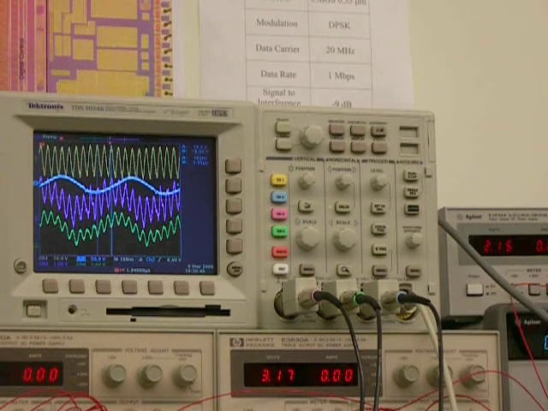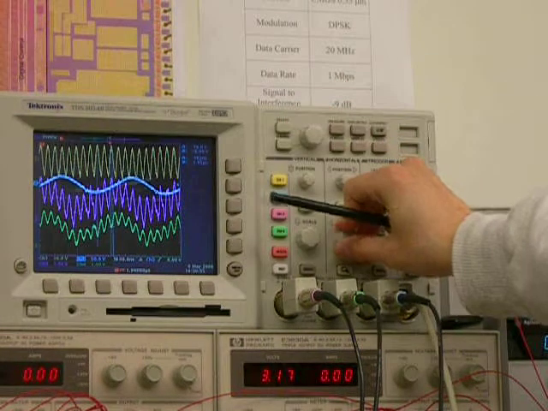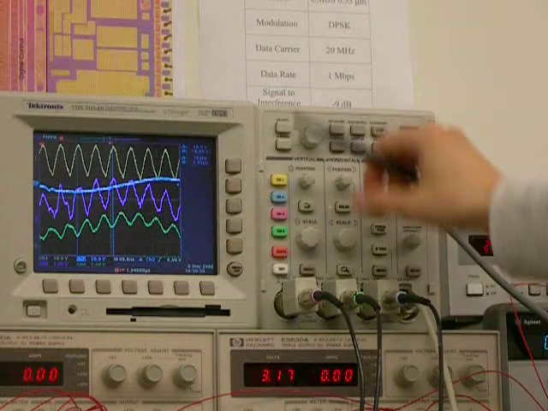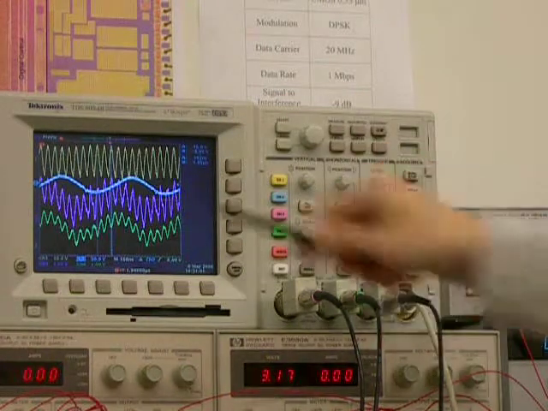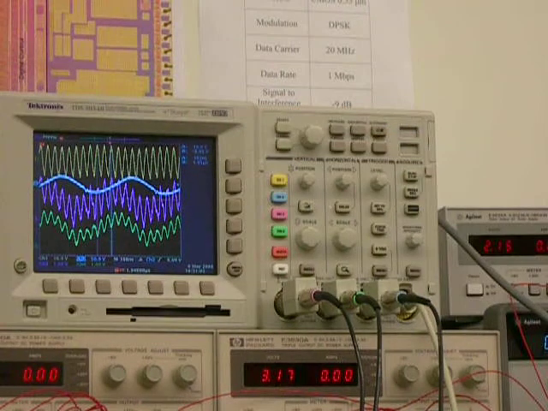This will be more clear when we look at the received data signal, which is the purple trace here. Again, we not only see the ups and downs of the data signal, but also the associated power carrier interference.